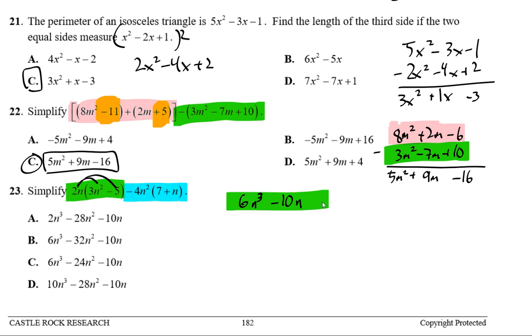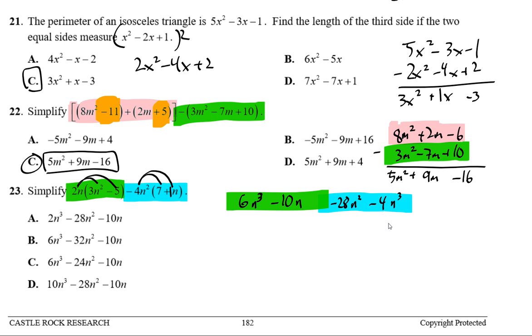In the blue part, we've got -4n squared times 7. -4 times 7 is -28. N squared times, there's no other n, so it's just n squared. And -4 times, if there's no number, it's a 1, right? -4 times 1 is -4. And n squared times n is n cubed.